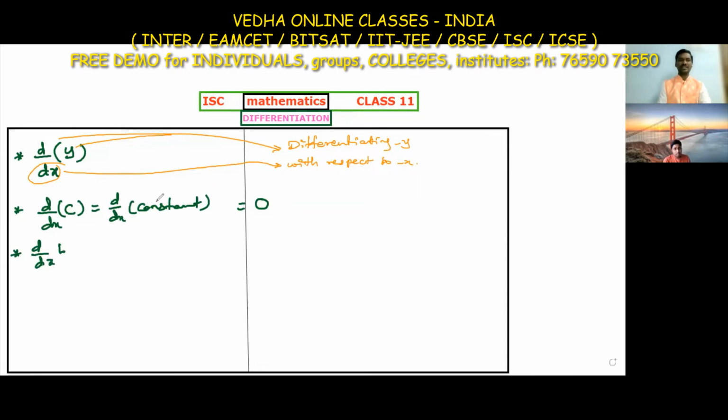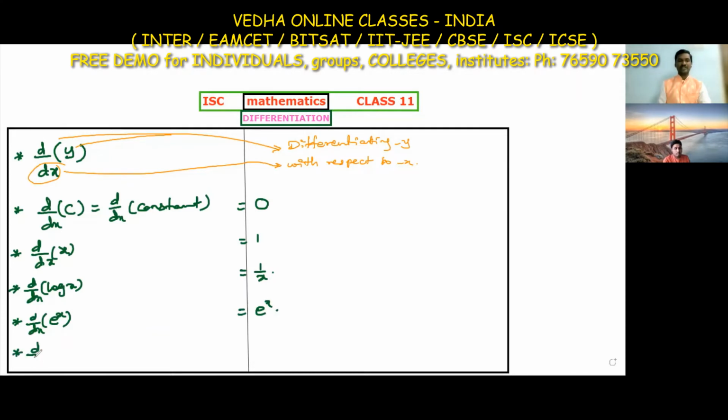If we differentiate the function x, we get 1: d by dx of x equals 1. d by dx of log x, the logarithm function, is 1 by x. d by dx of the exponential function e to the power x equals e to the power x only.